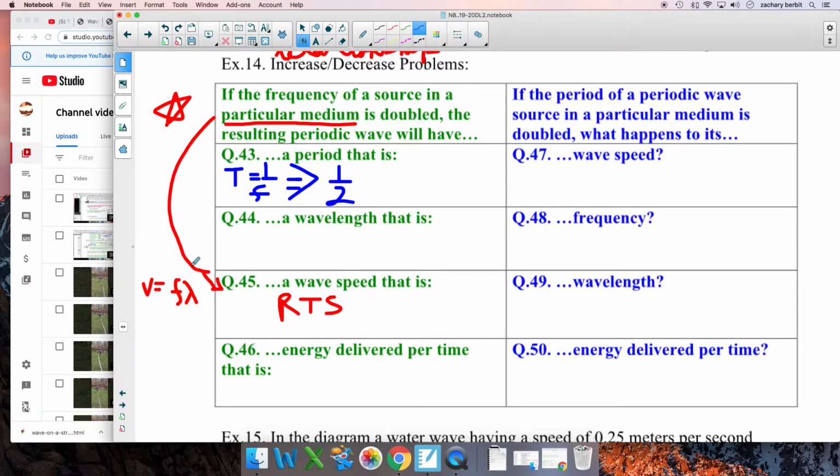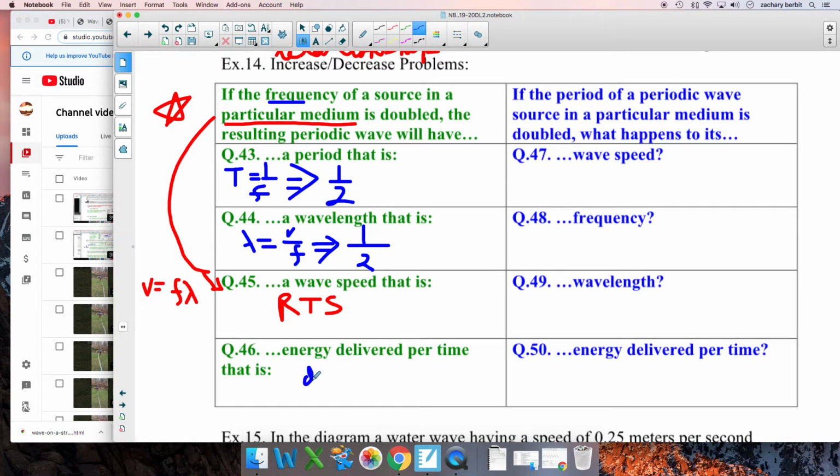What happens to the wavelength? Well, if we rearrange this equation for wavelength, which is going to be the best way to do it, wavelength is V over frequency. Then what happens here? Well, speed stays the same. We know that. 1 over doubled frequency. Oh, wavelength becomes halved. Energy delivered per time. Well, if you remember what we said, when frequency goes up, the energy delivered goes up.